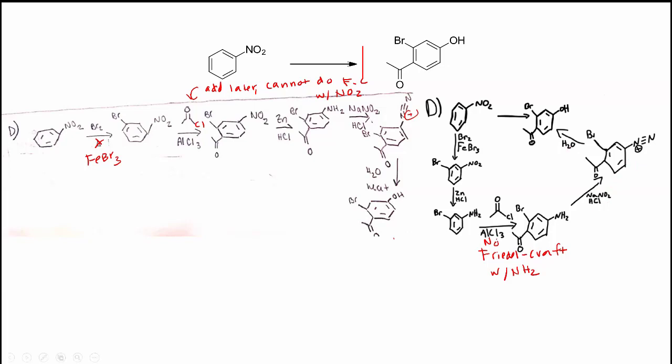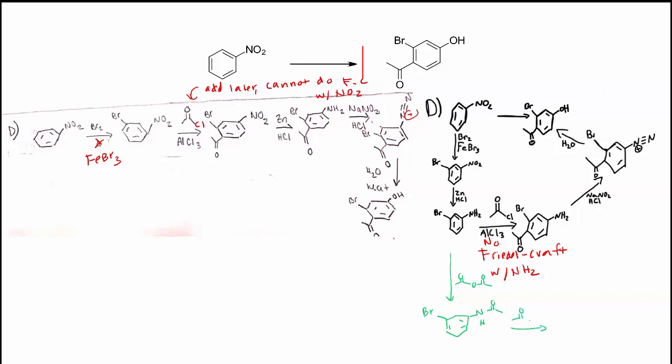So the way that we can fix that NH2 reaction is we can deactivate that. So what you can do is add acetic anhydride. And then this is deactivating that so it's not so strongly electron donating.